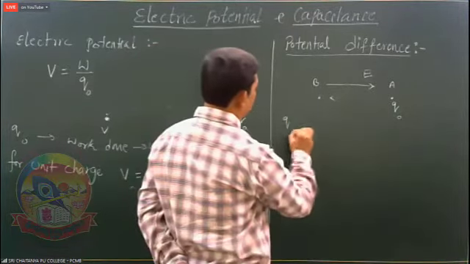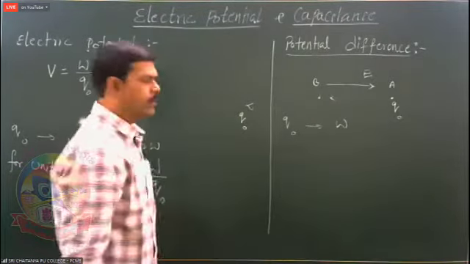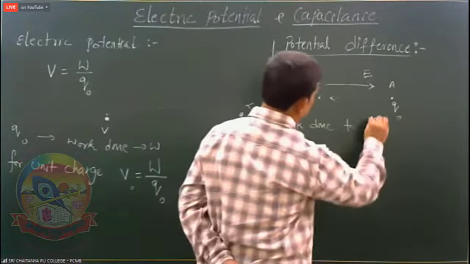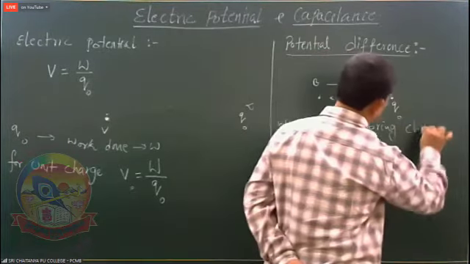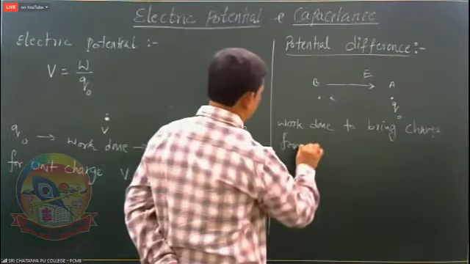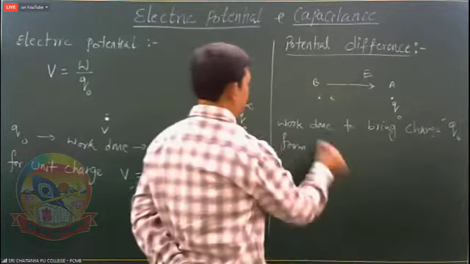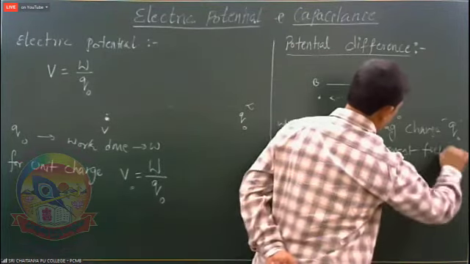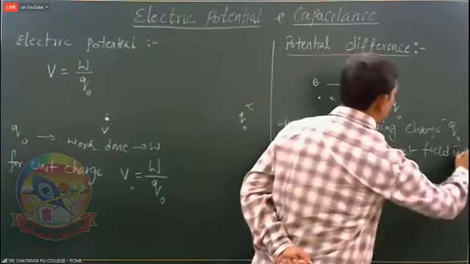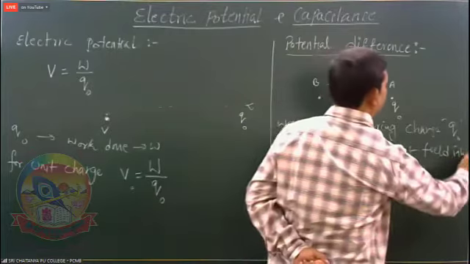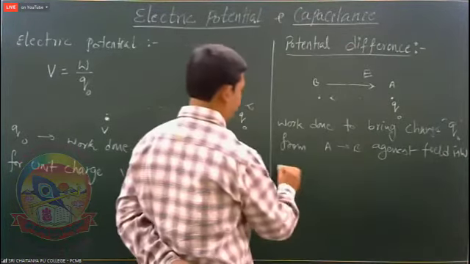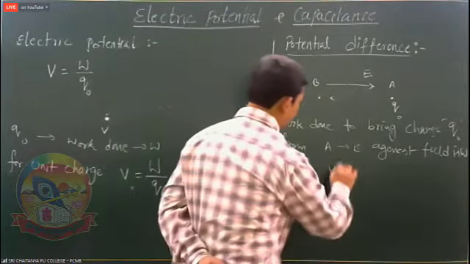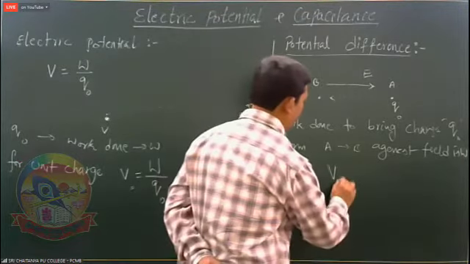To bring the charge Q naught, the work done is W. The work done to bring charge Q naught from A to B against the field is W. Then to bring unit charge, the potential difference, we write it as VAB.